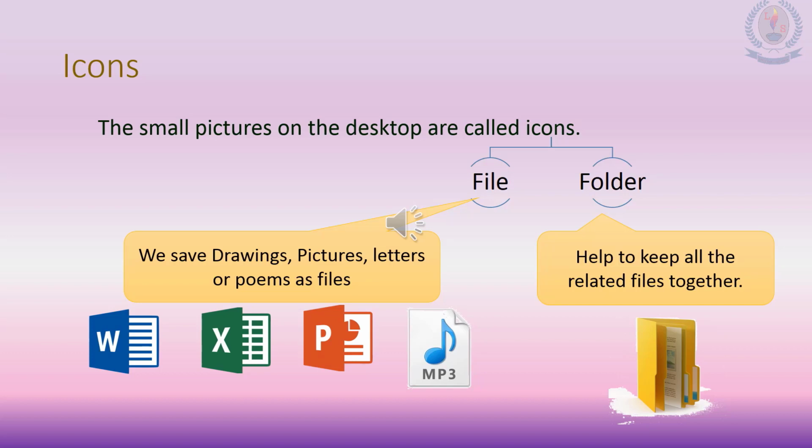So, if you want to put pictures in the computer, you can keep those pictures in one folder. Then it's a very organized manner. When you are working on the computer, if you want to find a picture, you can quickly find it because they are all in the related folder.